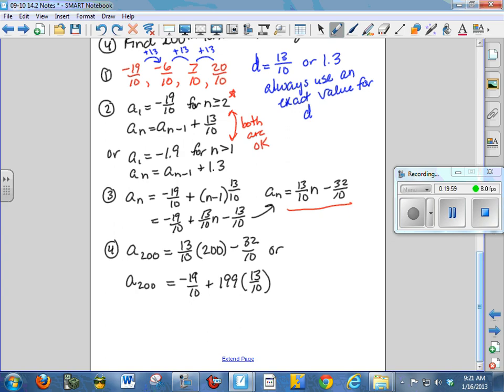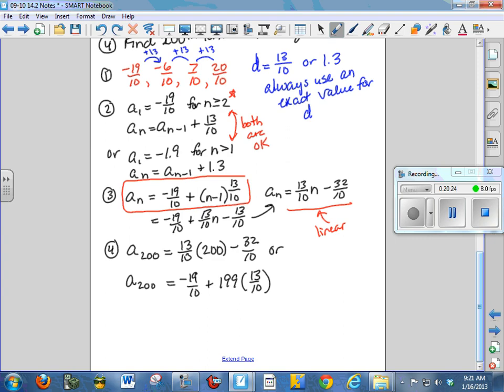So notice in the second form, the more linear type of format, we're actually plugging in the term number for n in the function. In the traditional way of doing it, the explicit rule, we're starting with the first term and then plugging in the term number before it to multiply times 13/10.